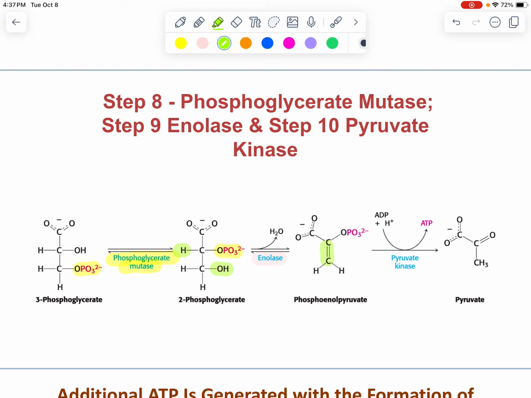And so because it's not very stable, it is willing to give up this phosphate group. So it adds that phosphate group to our ATP molecule, or I'm sorry, to our ADP molecule. And we form ATP. Notice again, this is our pyruvate kinase.